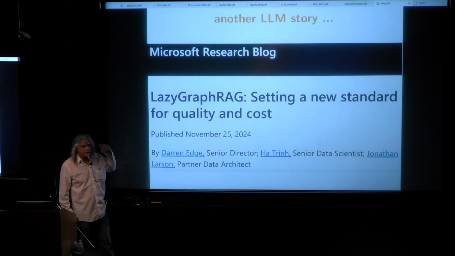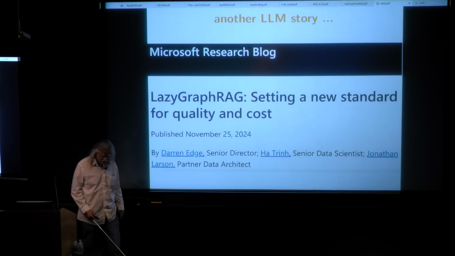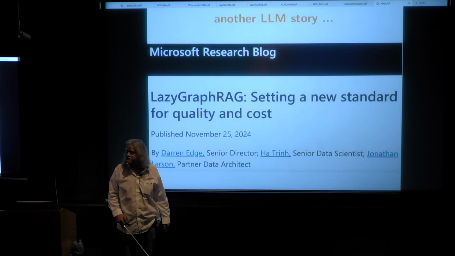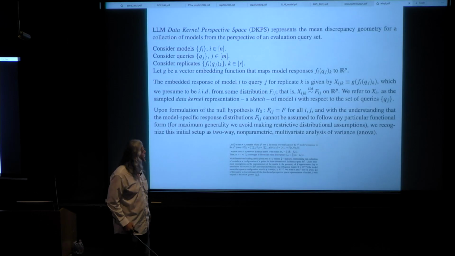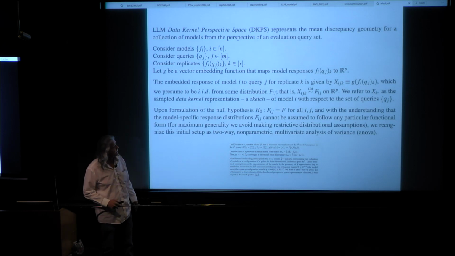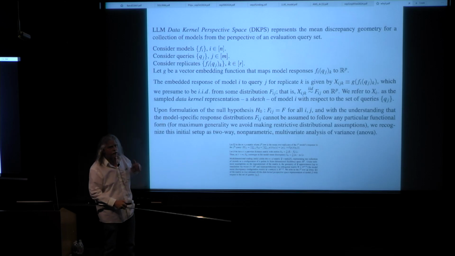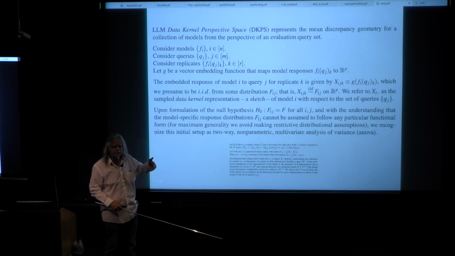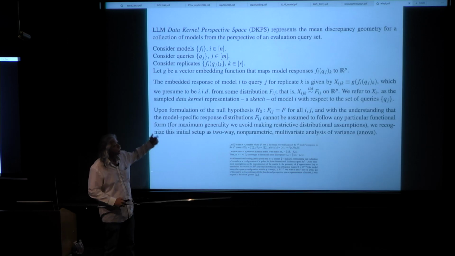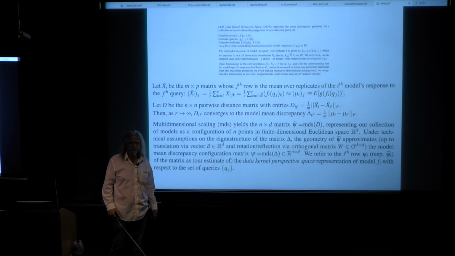But it's very computationally intensive, and so you have lazy graph RAG, which is less computationally intensive. It has nothing to do with time series of networks, perhaps, except a bunch of LaTeX. It takes a collection of models and a collection of queries. I do IID replicates for each query, each model at each query, and I do linear algebra that turns out to be a bunch like what we did for networks.